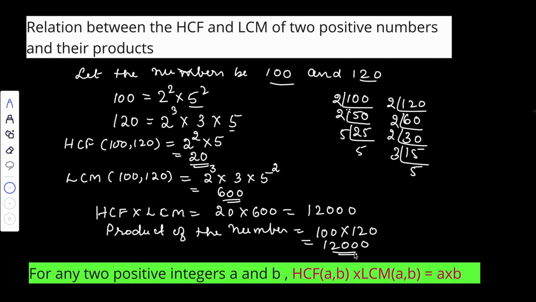So here we can understand, for any two positive integers, product of HCF into LCM is equal to product of the numbers. So we can say, for any two positive integers a and b, HCF of a, b into LCM of a, b is equal to a into b, and this one is not true for three numbers.